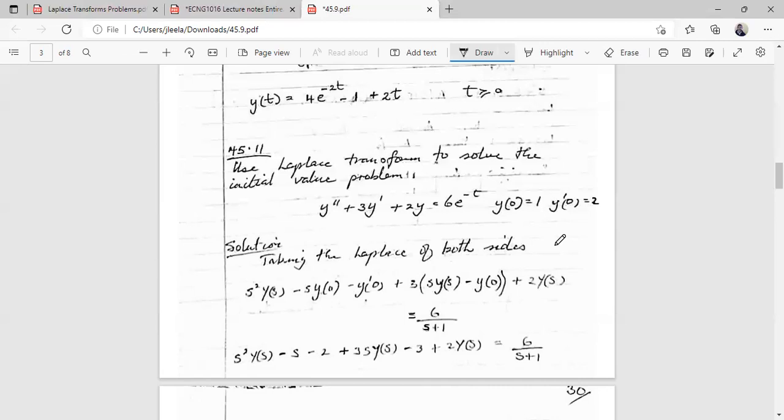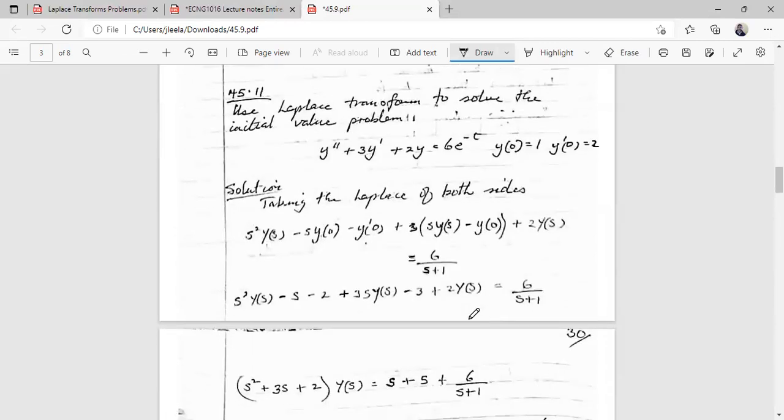So again, if we take the Laplace on both sides, the y double prime will be s squared Y(s) minus s y(0) minus y prime(0). 3y prime, the Laplace of that will be 3 into (sY(s) minus y(0)), plus 2Y(s), and the Laplace of 6e to the minus t is 6 over s plus 1.